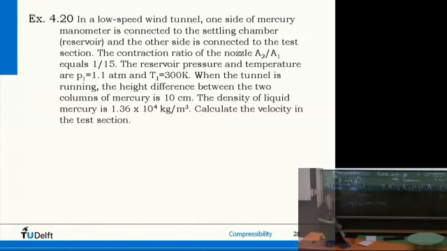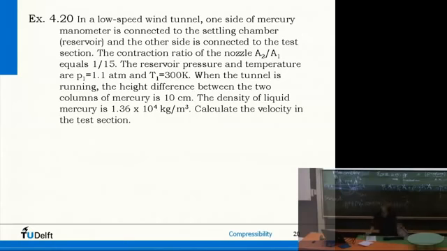From where to where are we going to do it? Well, we have some information about state 1 and state 2, right? P1 and P2 through the mercury, because the mercury gives the height difference and the density. So we say P1 plus half rho V1 squared is equal to P2 plus a half rho V2 squared.